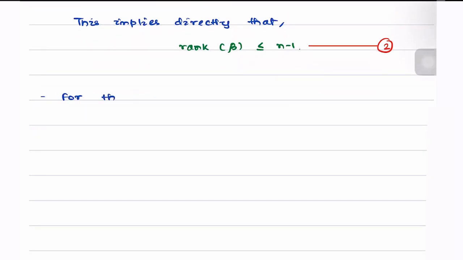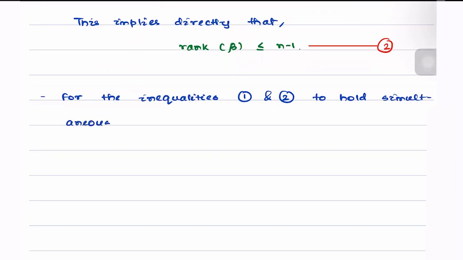For the inequalities 1 and 2 to hold simultaneously, we must have rank of B as being exactly equal to n minus 1.